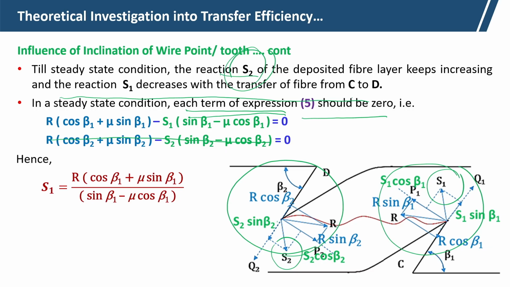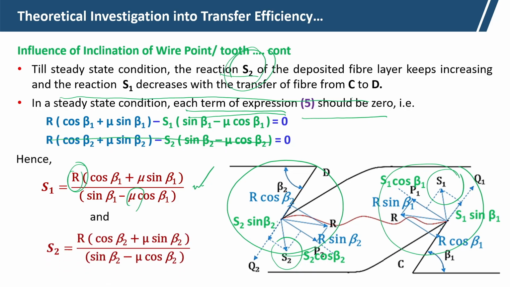So, hence you can see S1 is R multiplied by cos beta 1 plus mu sin beta 1 divided by sin beta 1 minus mu cos beta 1. So, we can calculate S1 based on the wire point angle, the coefficient of friction and the force on the fiber.